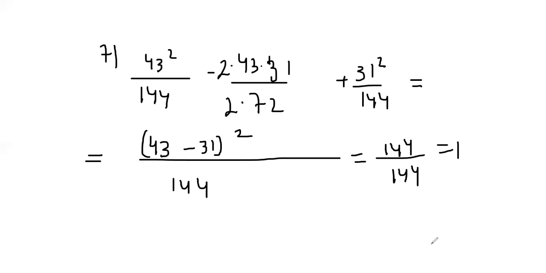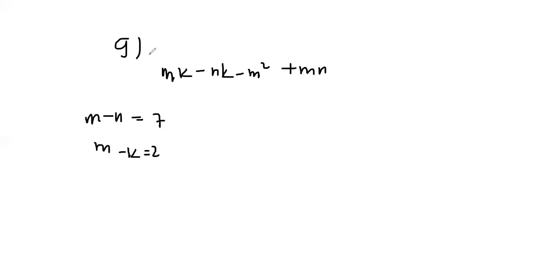We continue with number 9. Again, we have to find a numerical value of a given expression which we have to calculate. The best thing here is always to factorize. We have m minus n equals 7 and m minus k equals 2. From these two, by grouping symbols, we get k times m minus m times m minus n.